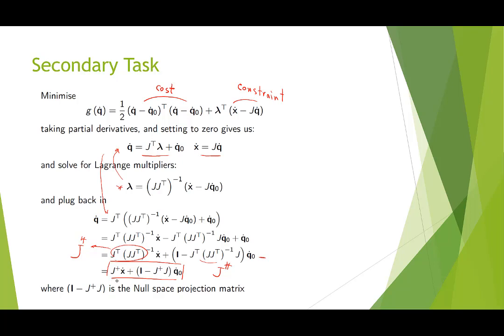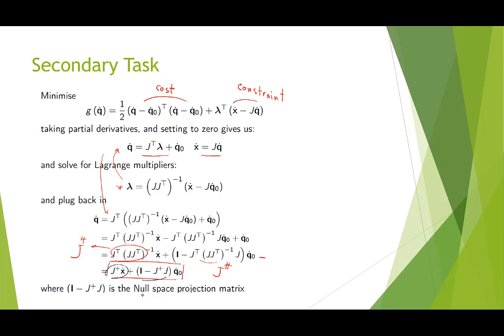First of all, you can see that the first part of this inverse kinematic equation is similar to what we had before, pseudo-inverse times x dot, and it has this part. This part is new, multiplied by q dot 0, the secondary task joint variables.